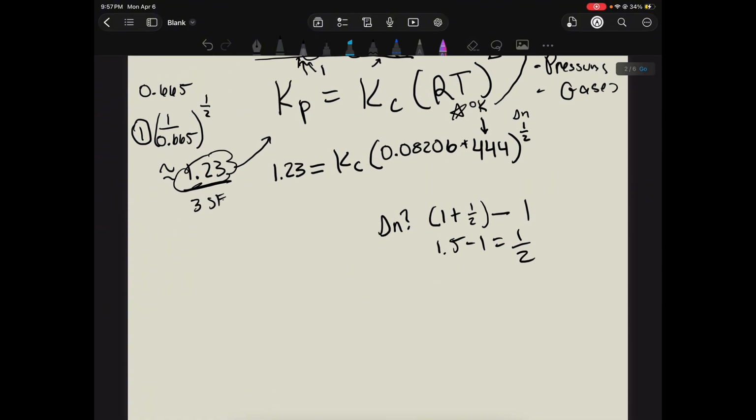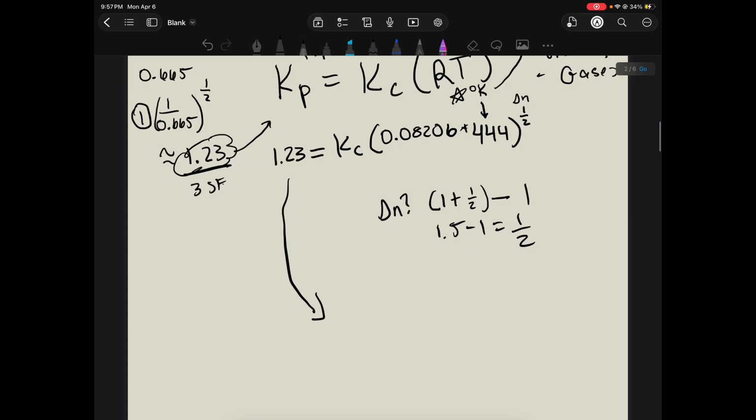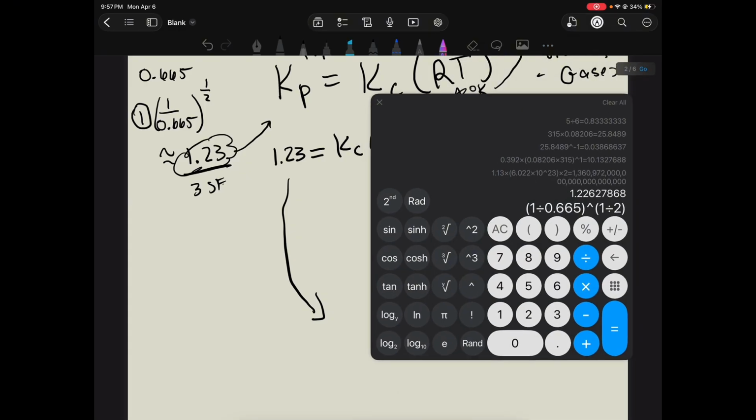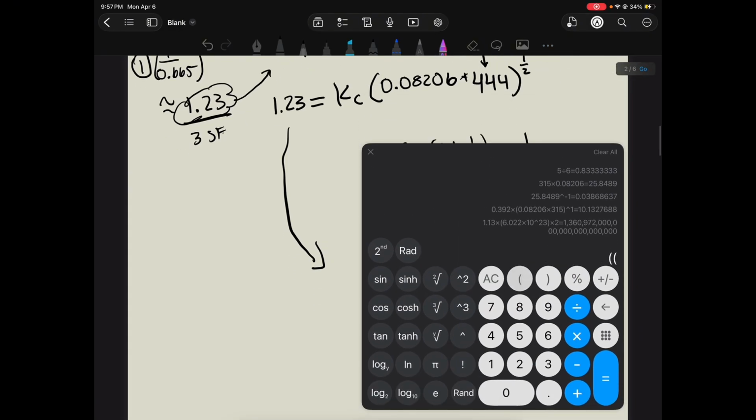Next, we're just simply solving for what Kc is. So I'm just going to move that down here. We can plug all of this into our calculator right here and just do 0.08206 times 444 to the power of, and again, make sure you use your parentheses, to the power of 1 over 2.